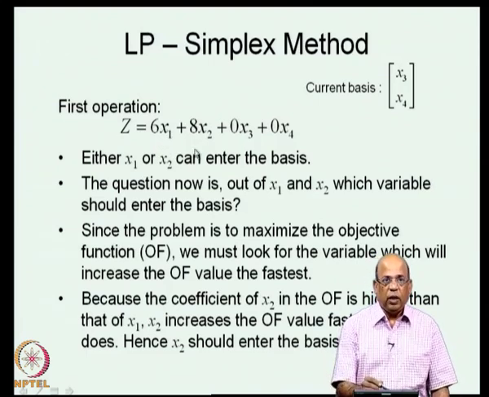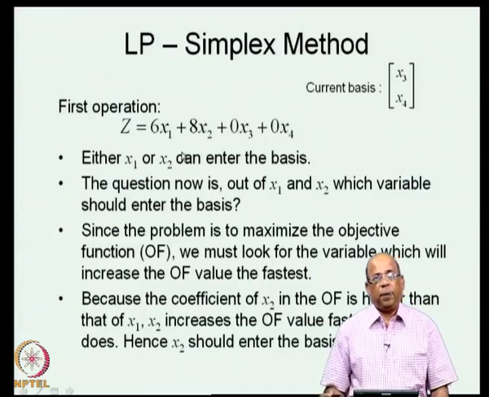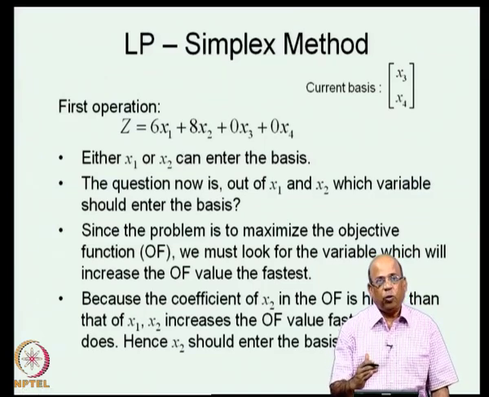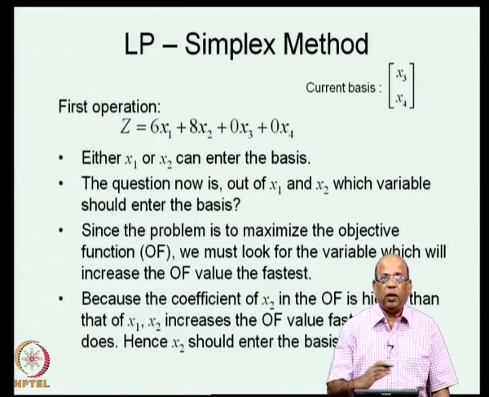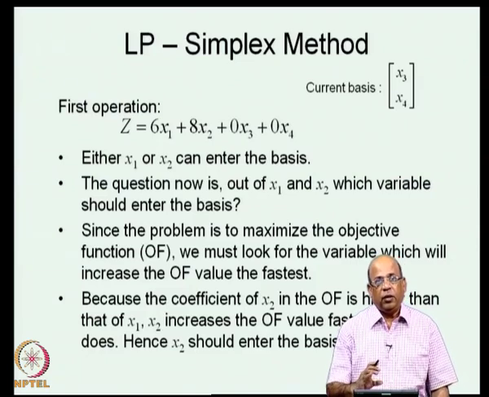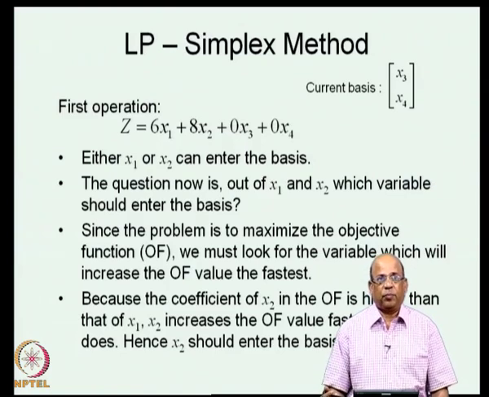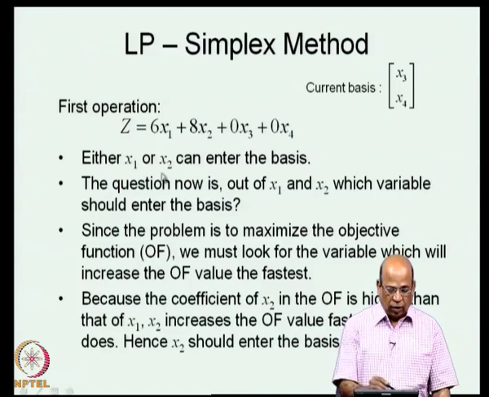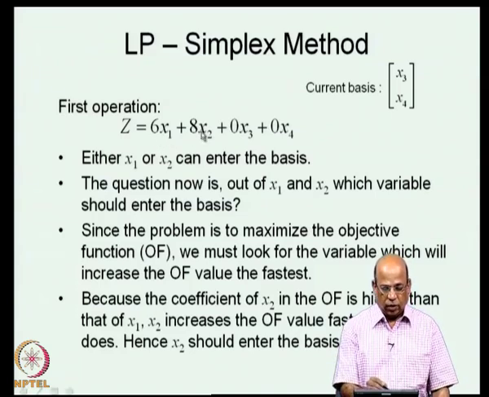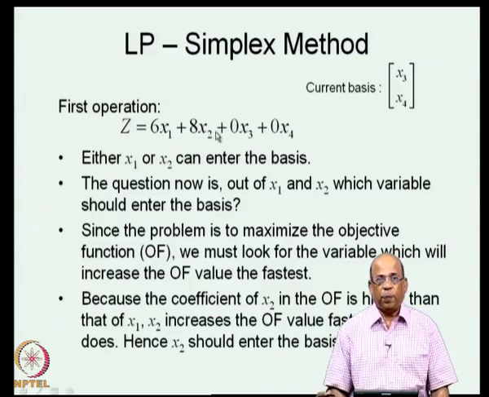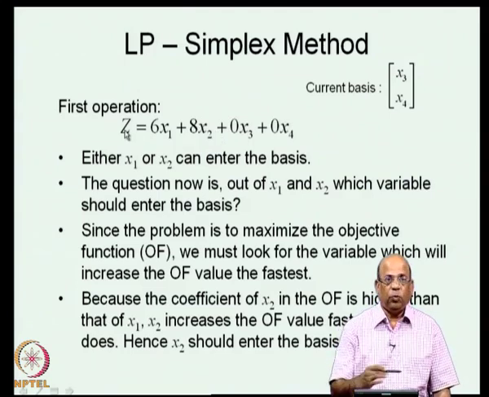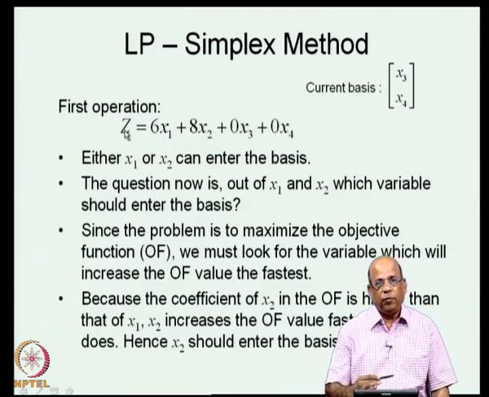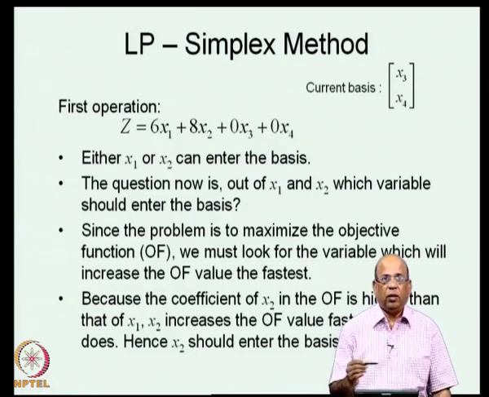Now, you want to bring in either x1 or x2, and the question you are asking is whether I should bring in x1 or x2 such that the improvement in the value of z will be the fastest. Look at the coefficients. You have a coefficient of 6 for x1 and a coefficient of 8 for x2, and your objective is to increase the z value the fastest. So, which variable would you bring in?